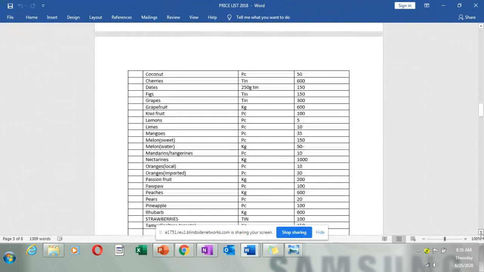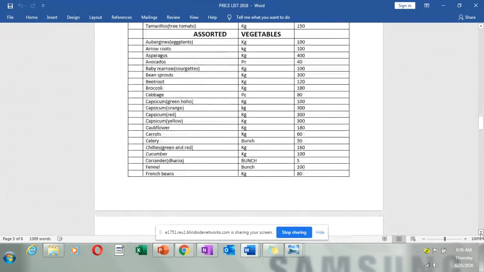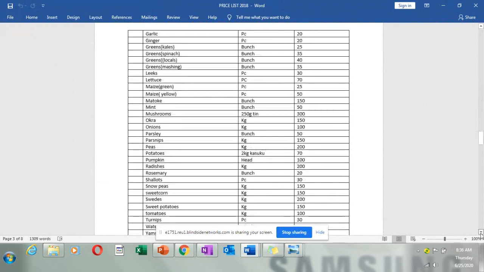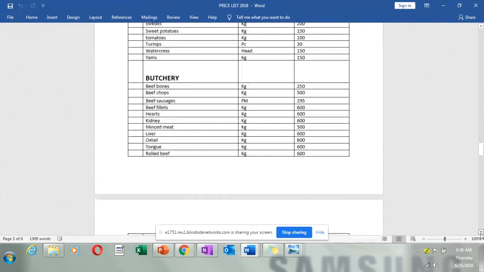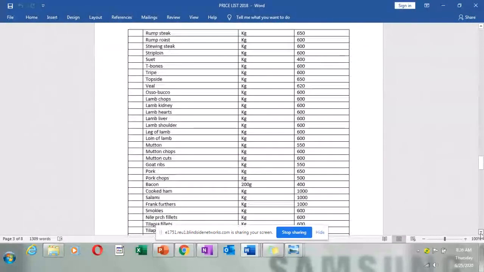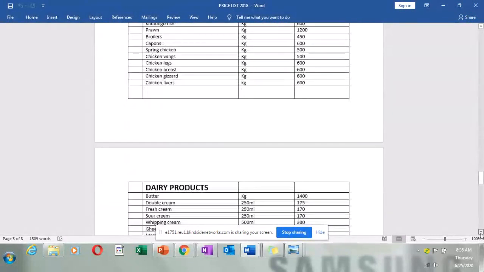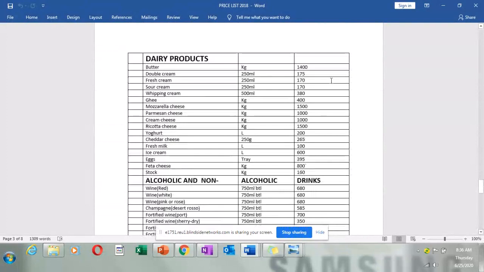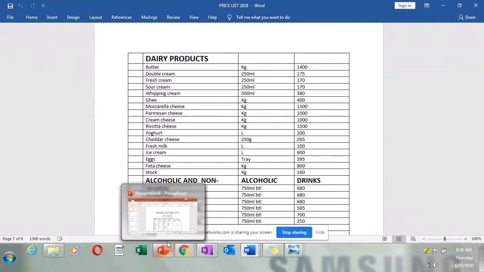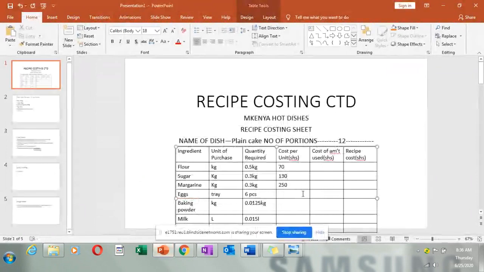Where do you think you are going to find eggs? There we have our eggs under our dairy products. So we have a tray is 395 shillings. So 395 shillings.